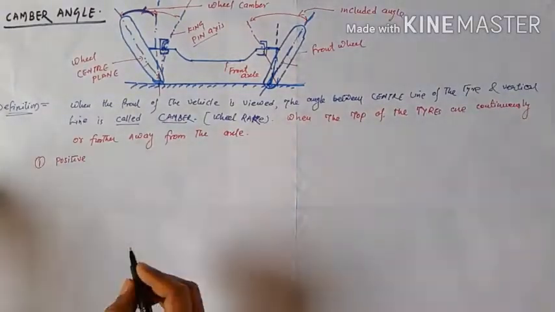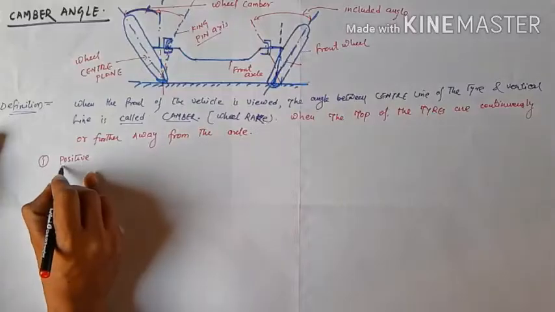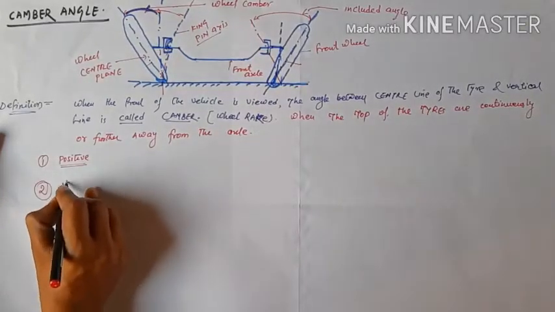So there are two types of camber angle: one is positive and the other is negative.